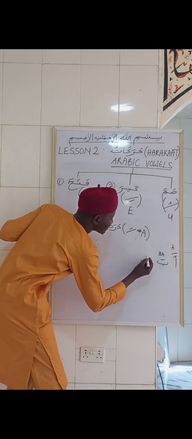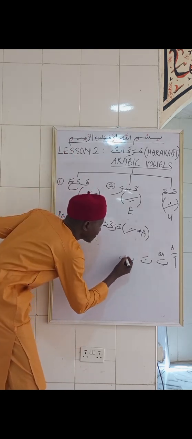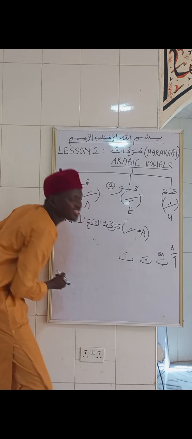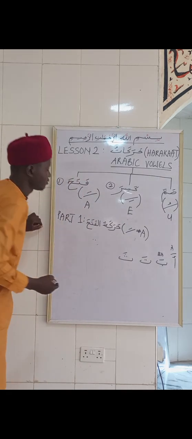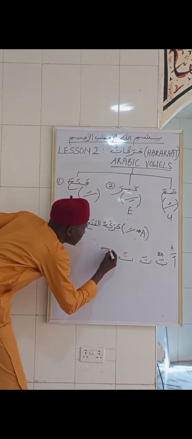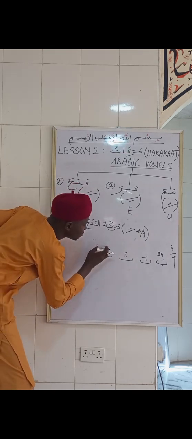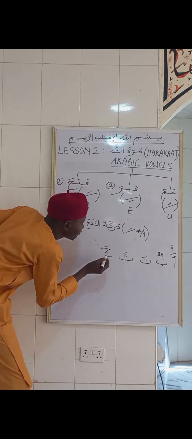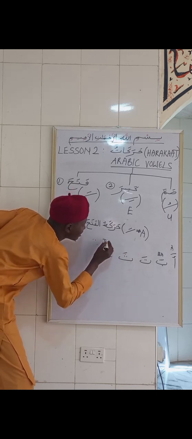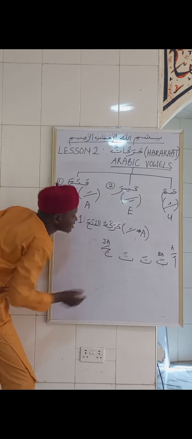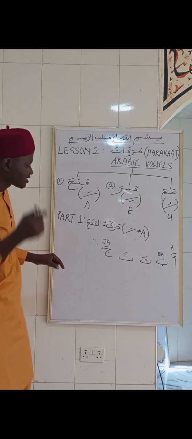Ta fataha is ta. Tha fataha is tha. Jim fataha is what? It's not jim. Jim fataha is ja. Don't forget, jim we say is like the letter J, so if you attach the vowel fataha, which is A, it is ja.